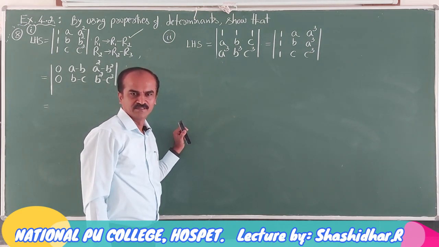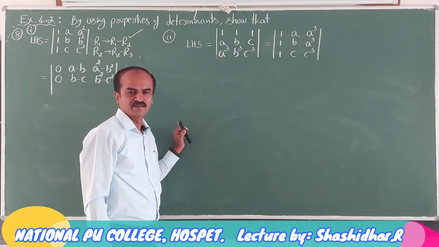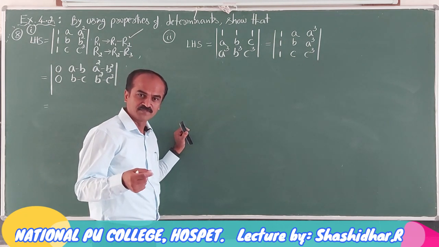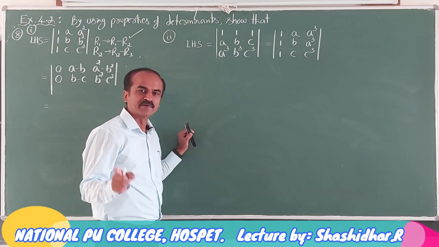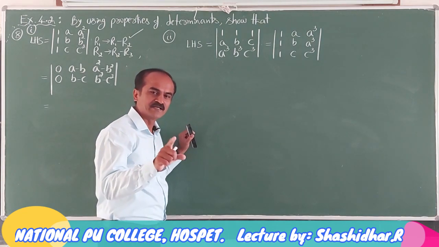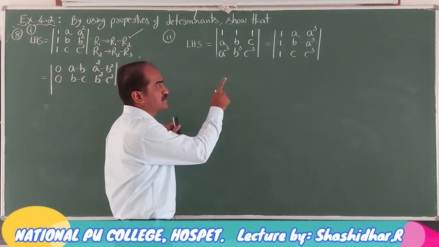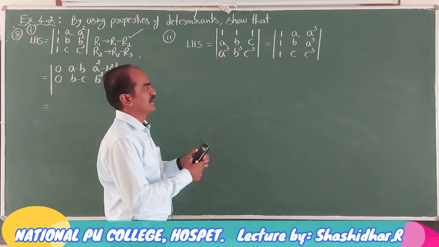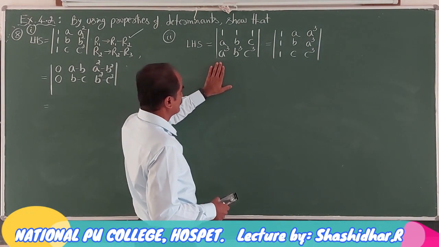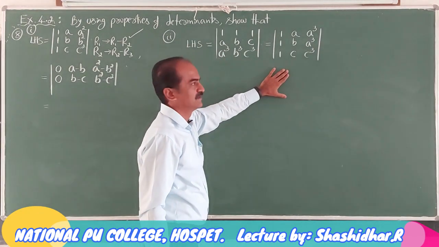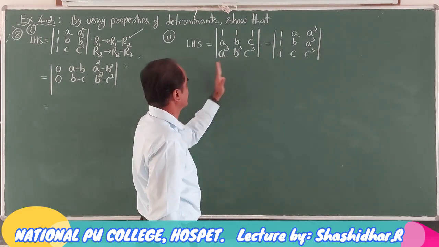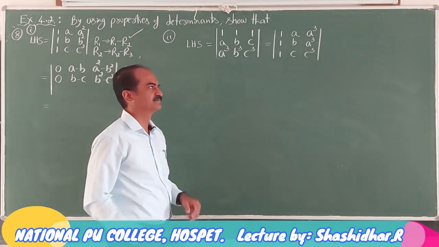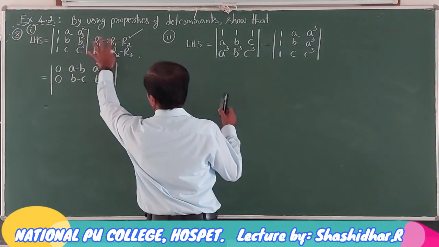Recall the very first property. If you interchange rows into columns, the value of the determinant is unaltered. That is, the determinant of matrix A is the same as the determinant of its transpose. Using that property I wrote this. Either you can start with this or you can interchange like this also. If you are using this, then row wise subtraction; if you are using the other, then column wise subtraction will be there. So here I already did it by row operation.